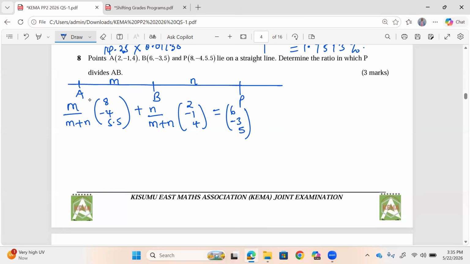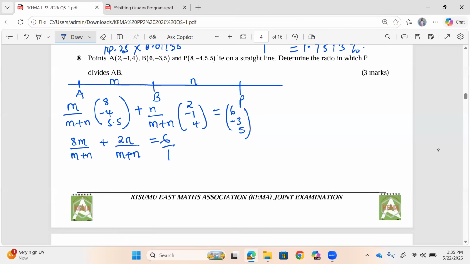For example, from the x component, 8 times the value of m out of m plus n, when we add 2 times the value of n out of m plus n, we should get exactly 6. This is over 1. So remember, we are having one equation already.